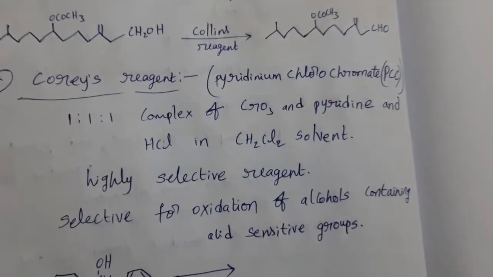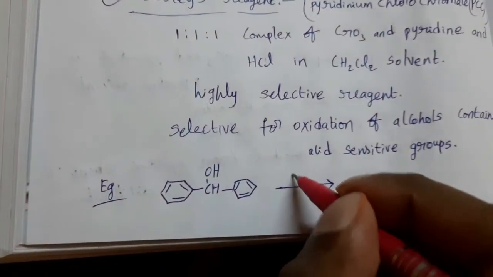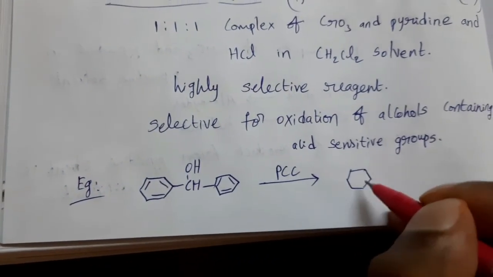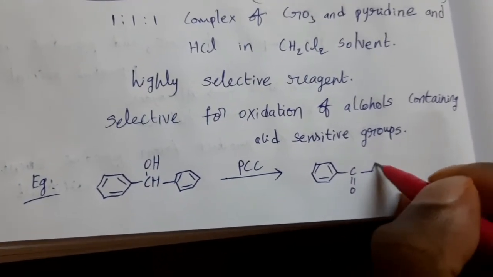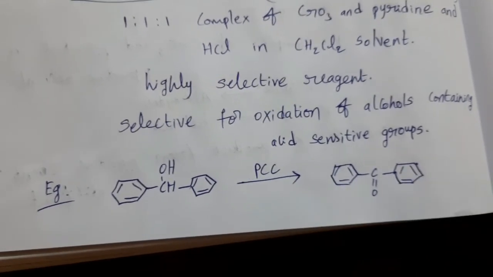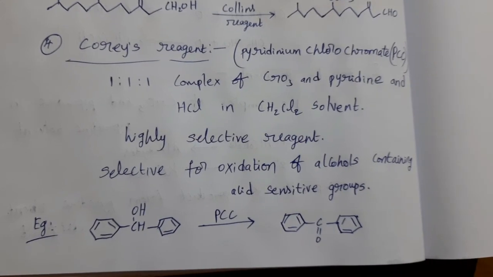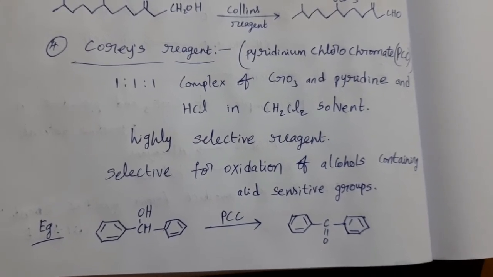So Corey's reagent or PCC, both are the same. Then this secondary alcohol is oxidized to keto group in this way. So this is the oxidation of secondary alcohols to ketones by Corey's reagent.